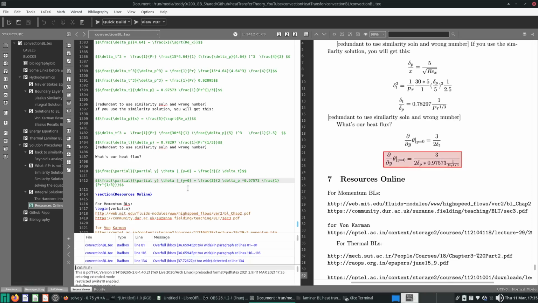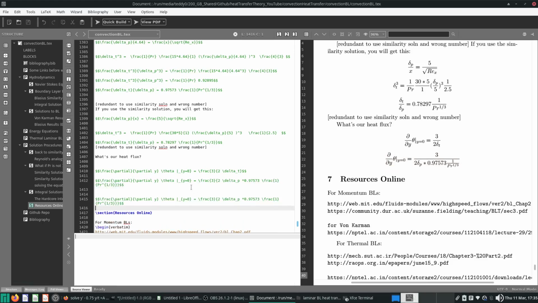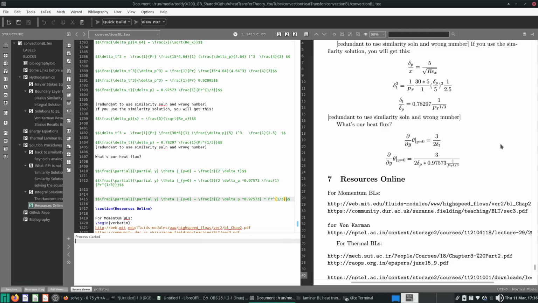So let's bring out the Prandtl number. I think this is on the right track. Times Pr to the 1/3, and we replace delta p with the same thing.